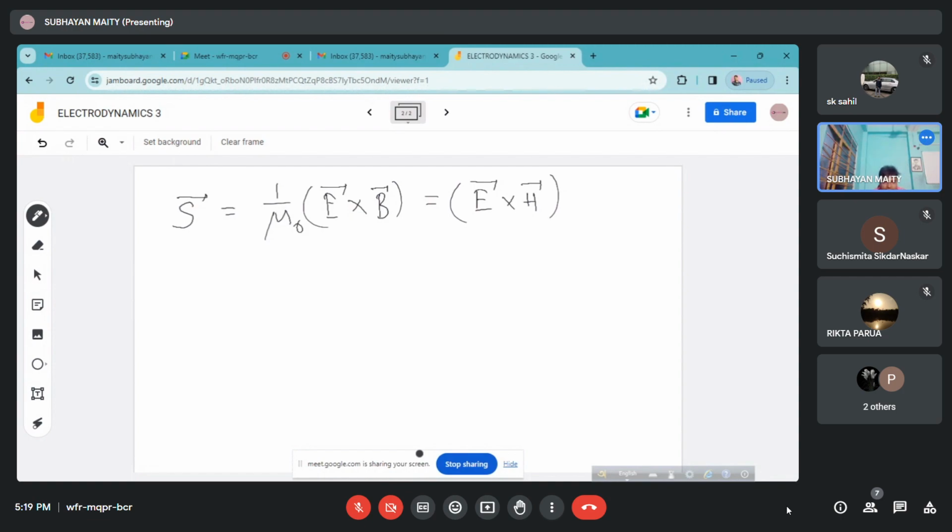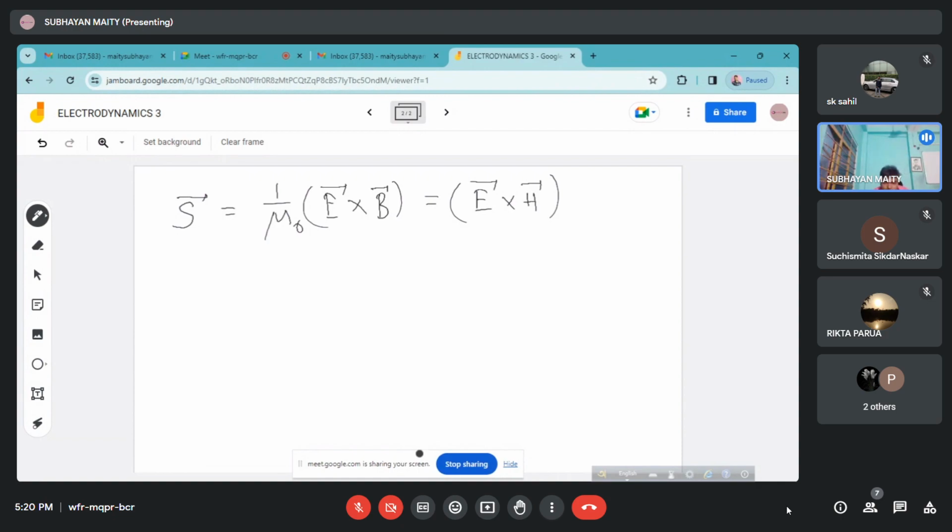So this is the direction along which the electromagnetic energy can propagate, because the propagation direction of the electromagnetic energy is along k, and this direction is also along k. That means the wave propagation vector.